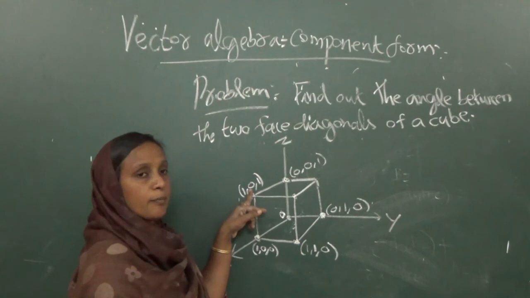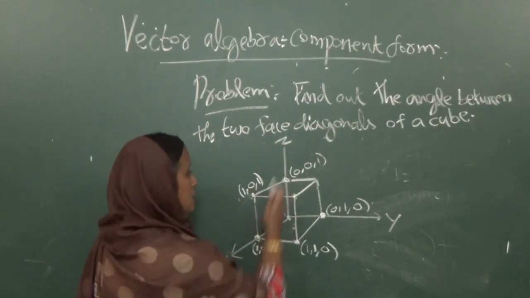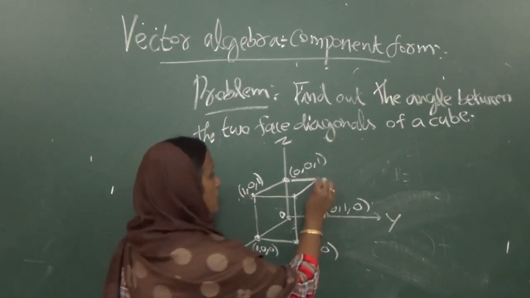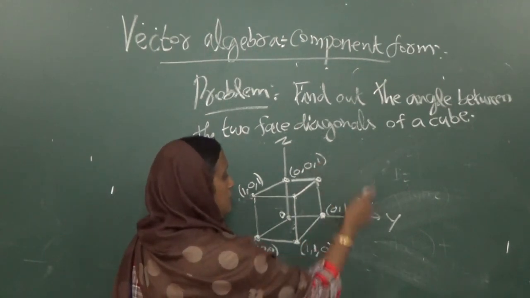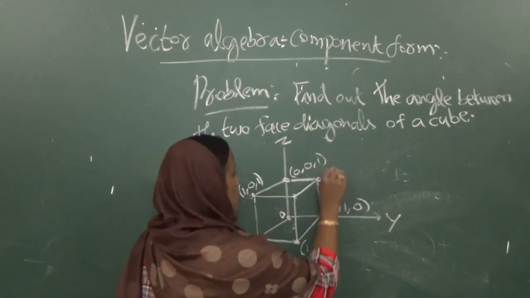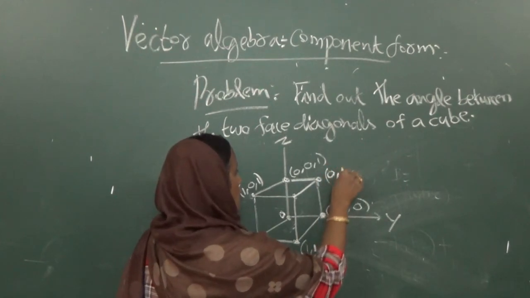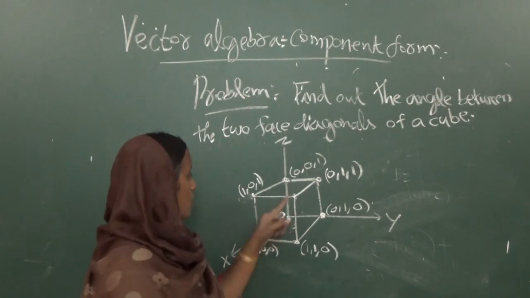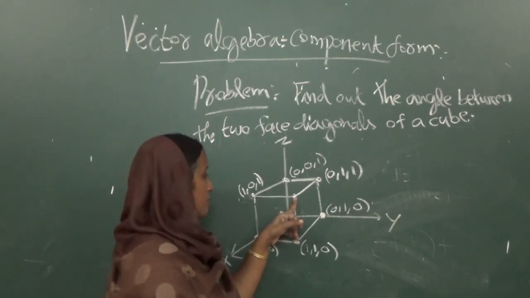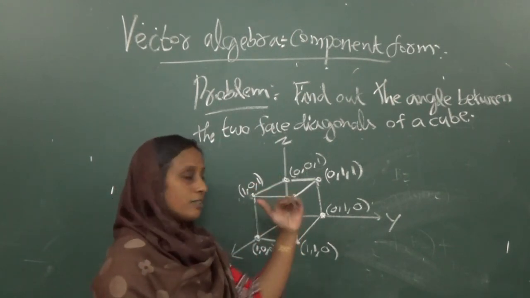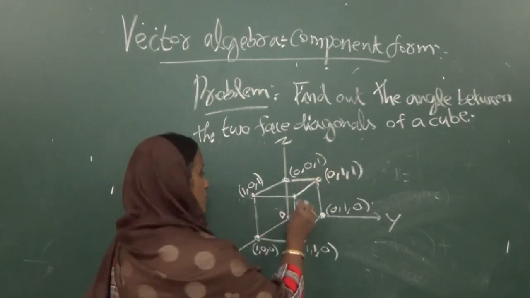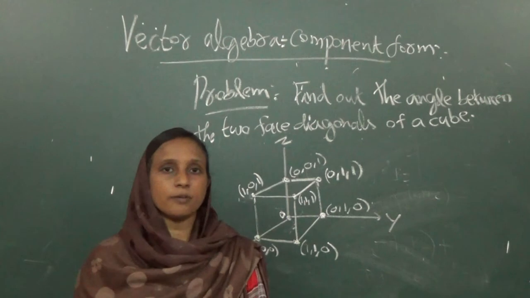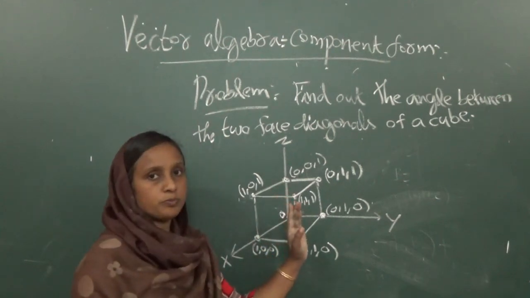Why is the y component 0? Because this plane lies in the xz plane. Similarly, this point lies in the yz plane, so this is 0, 1, 1. This point has all coordinates 1, 1, 1. This is the cube.